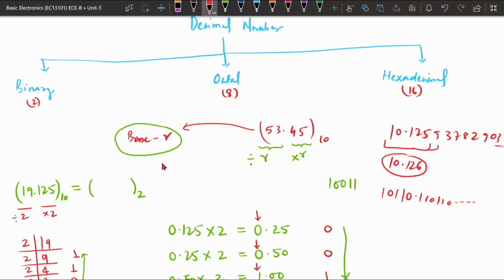We will be considering a few, say up to 3 places after the decimal. It's not like we need to keep on multiplying. We will be stopping after doing some iterations.